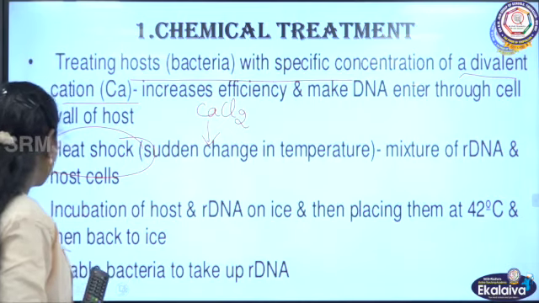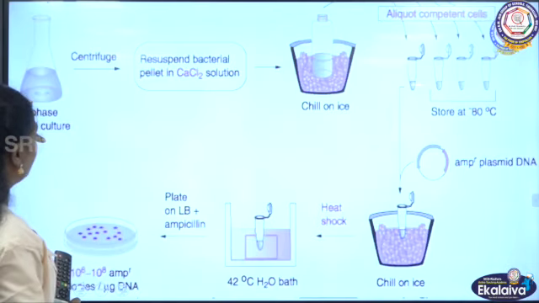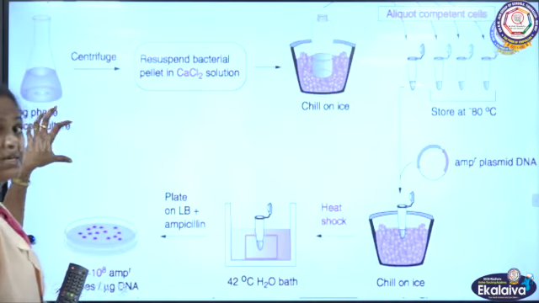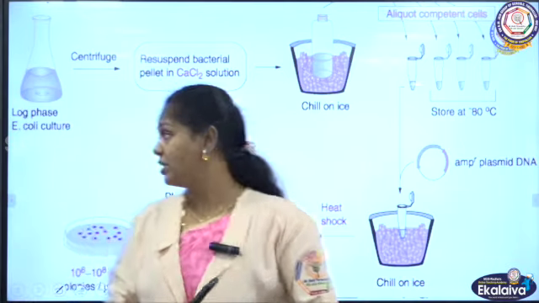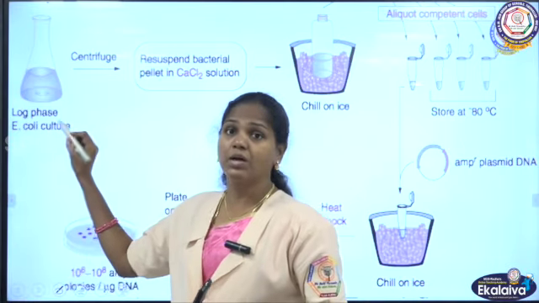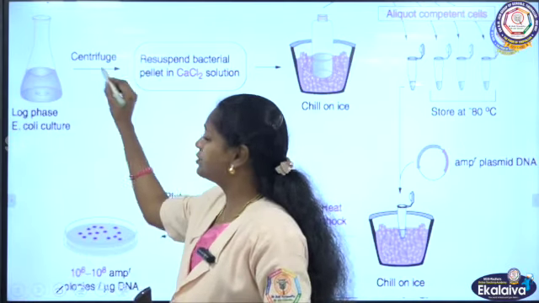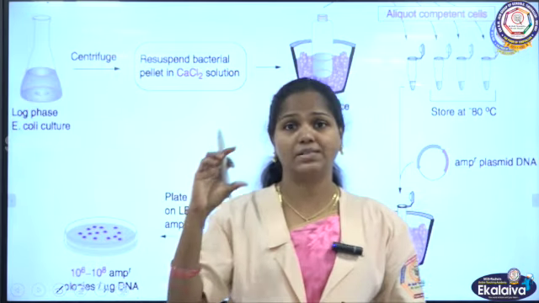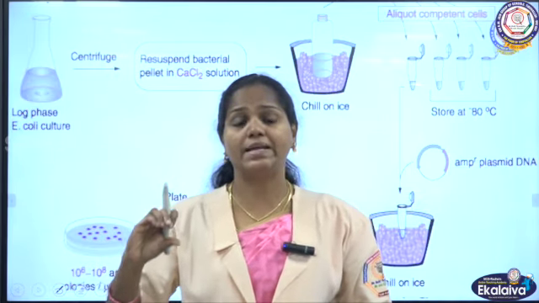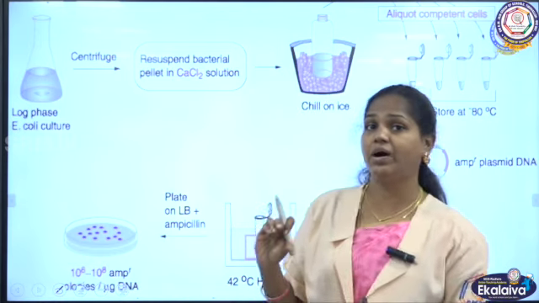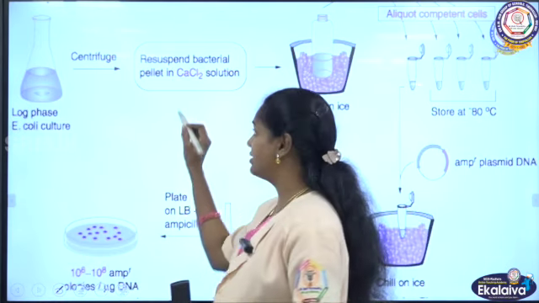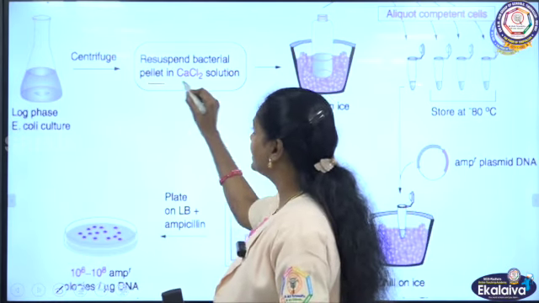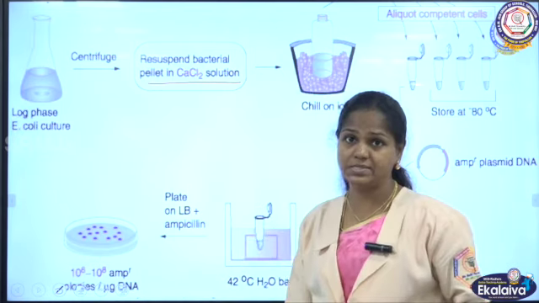Here the bacterial culture broth, which is in the log phase of its growth, is taken and centrifuged. When you centrifuge the culture broth, we get a pellet containing our bacterial cells, here E. coli. That pellet is taken in the calcium chloride solution.